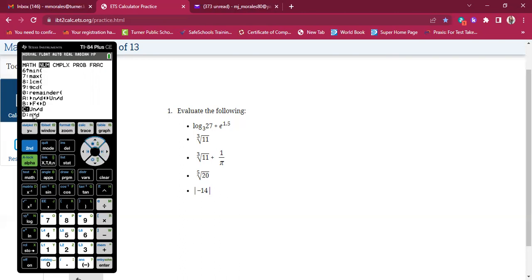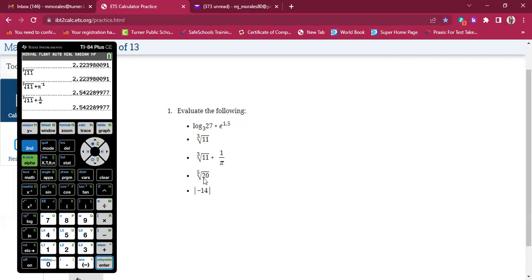As you can see, this one is n over d, the proper fraction. Choose and enter that, then write 1 and pi, which is second shift then pi, and press enter. As you can see, it gives us the same answer.